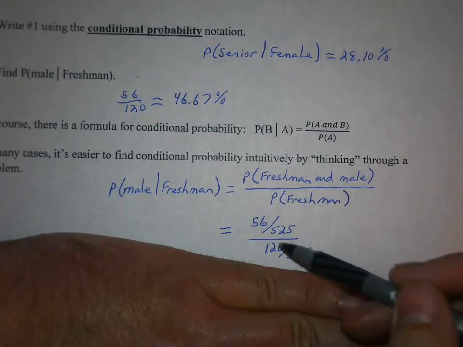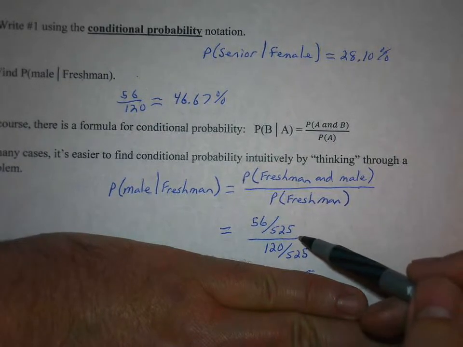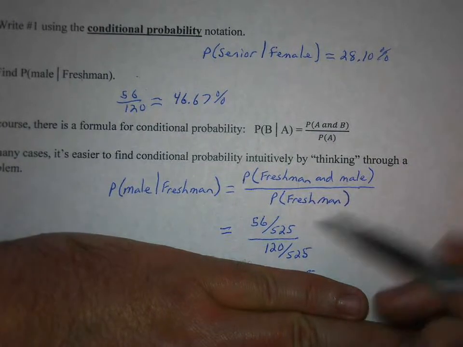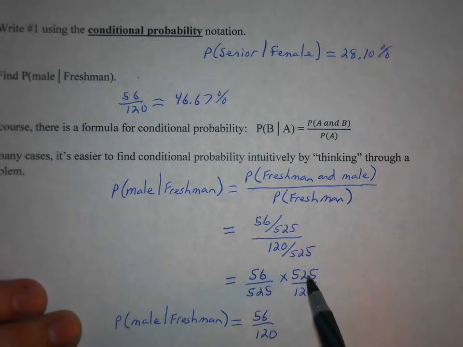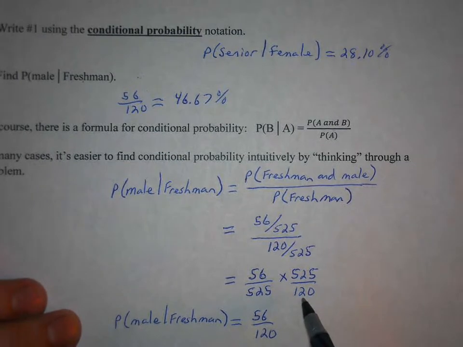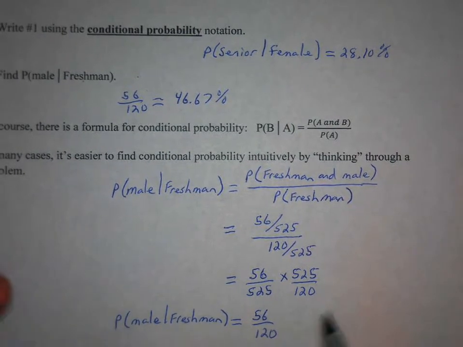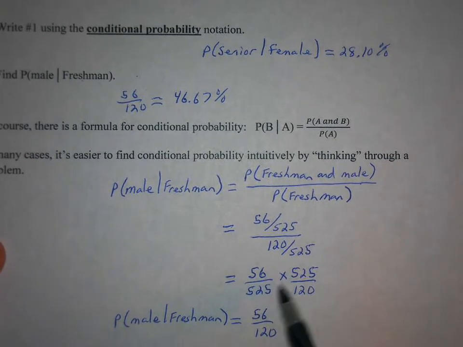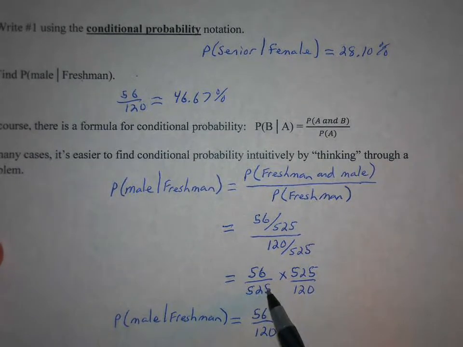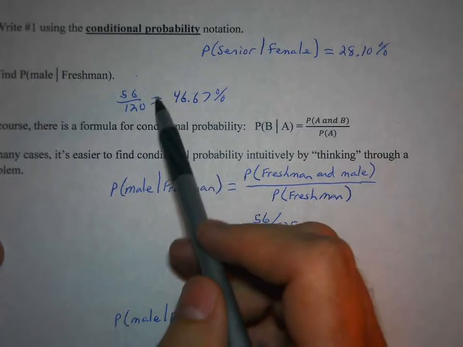So you flip that bottom fraction and change the middle division to multiplying. So you get 56 over 525 times 525 over 120. That ends up giving you 56 over 120 because the 525s reduce out to 1 over 1. So 56 over 120 is the same as we had up here.